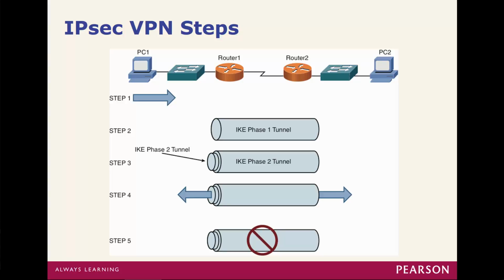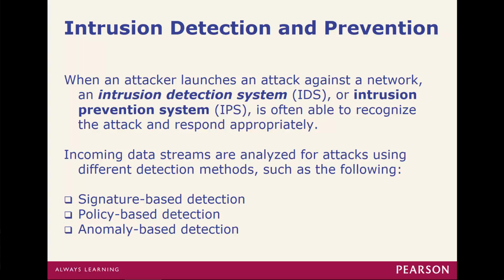So that said, let's go ahead and move into intrusion detection and intrusion prevention, IDSs and IPSs. When an attacker launches an attack against a network, normally IDSs and IPSs should be able to recognize and respond. IDSs are not active, meaning they just watch.